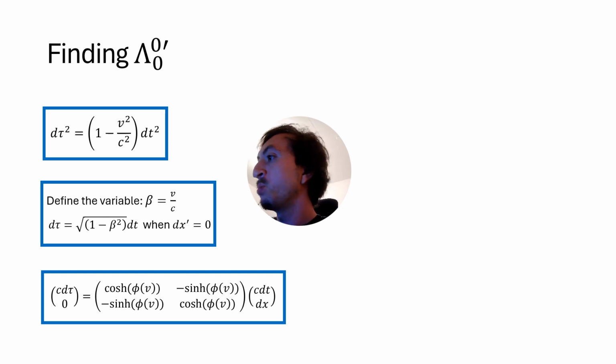If you're unsure, take a moment to pause and verify for yourself that this is true. Essentially, we're just relating the components of 4-position in the primed and non-primed frame using the Lorentz transform, but in the special case where dx prime is 0, so there's no spatial distance between the events from the perspective of the moving observer.